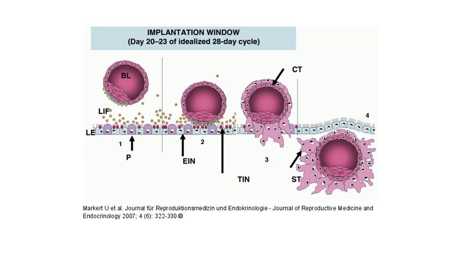So the syncytiotrophoblast, after you get the attachment from the cytotrophoblast, is going to begin to eat its way into the uterine lining. It uses enzymes to digest and destroy the uterine lining. Now, the uterus is loaded with spiral arteries.